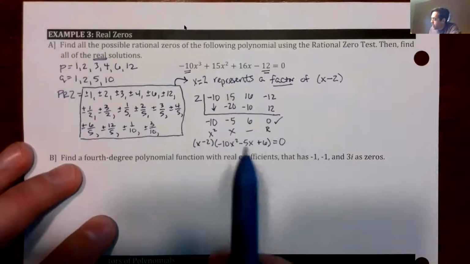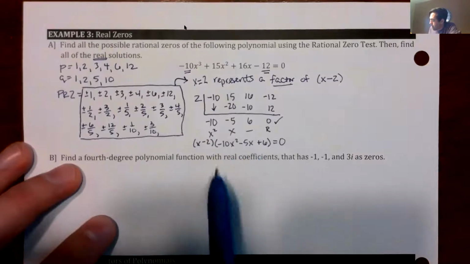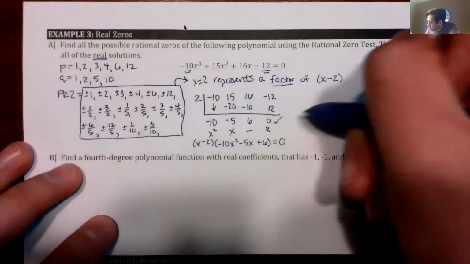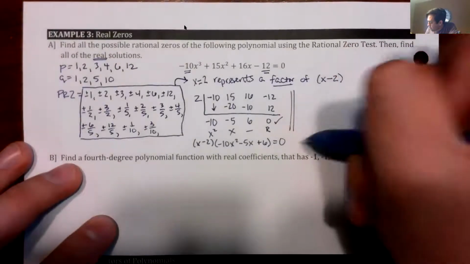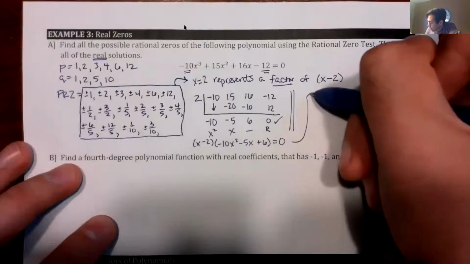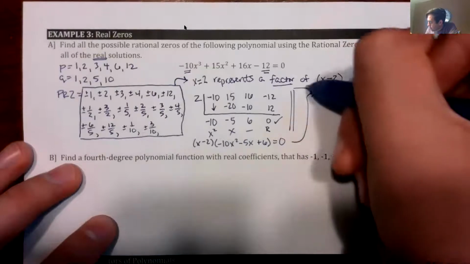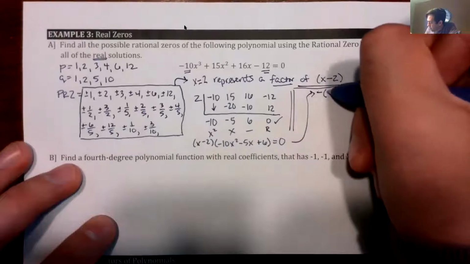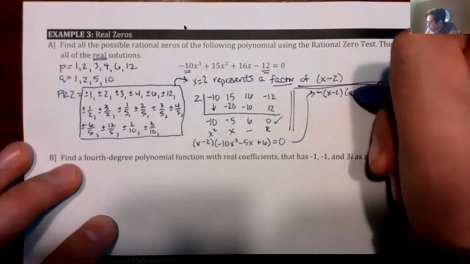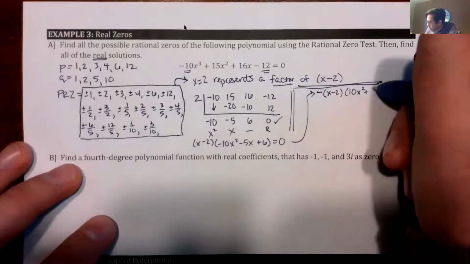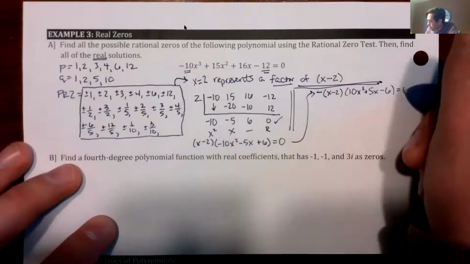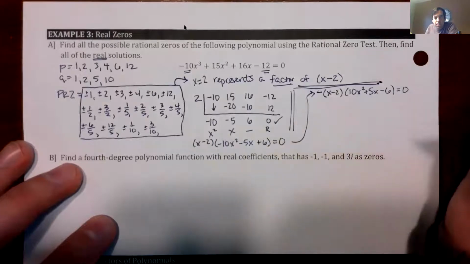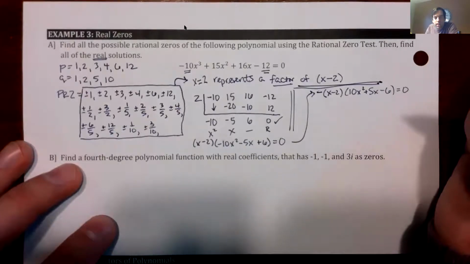So let's see if we can get this to factor. I don't like when a is negative, so I'm going to actually rewrite this over here with a pulled out negative. So it's going to be negative x minus 2 times 10x squared plus 5x minus 6 equals 0. Okay, so let's try to factor. So 10 might be 2 and 5 or 1 and 10.